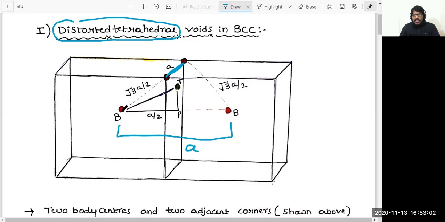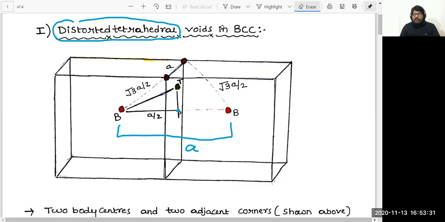So here, let me take the center point between these two body centers. This is the point P. In fact, this is the common face, and this point P is the face center of this common face. And if you take the center of these 2 points, that is the point, and this point is actually the edge center.